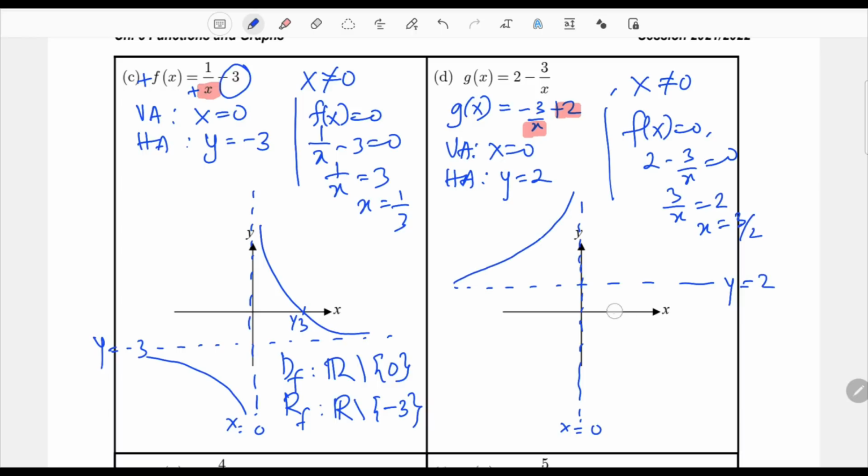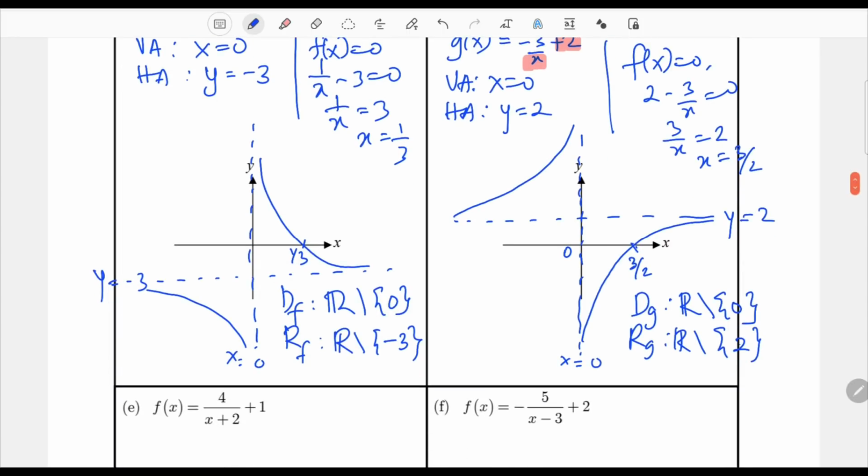You have a negative sign there. So that is your 3 over 2. So this is your origin. Hence, domain of g will be, I told you, real number except the vertical asymptote, which is 0. Right, range of g will be real number except the horizontal asymptote, which is 2.